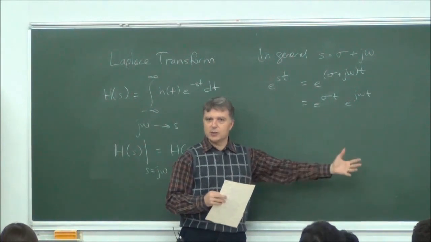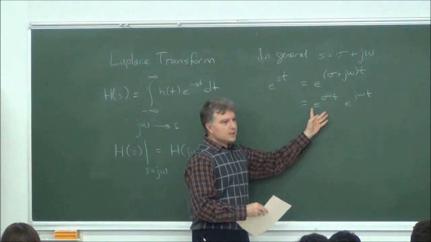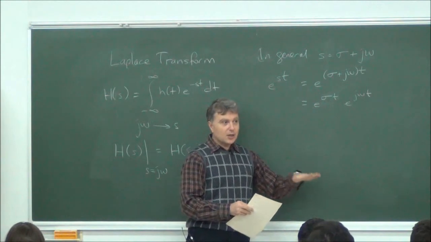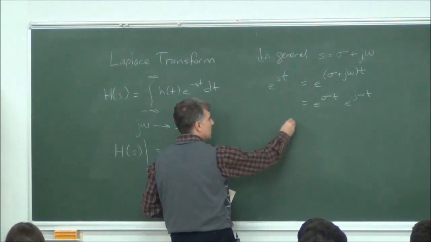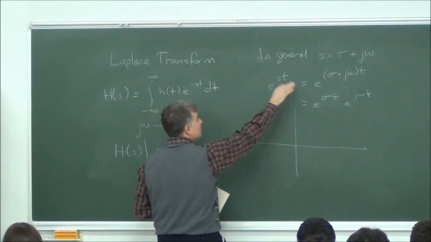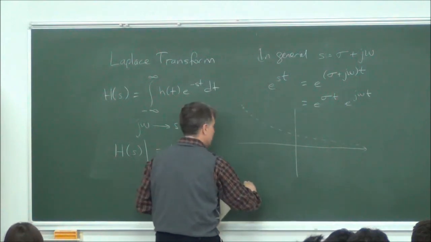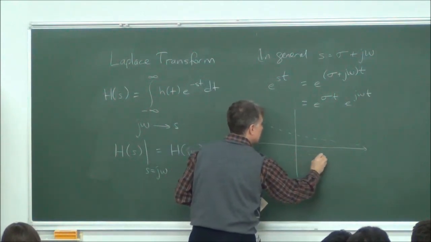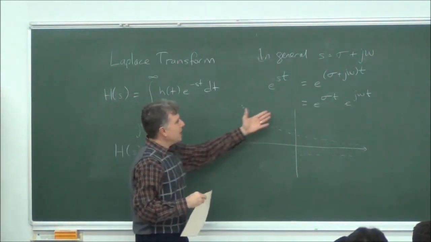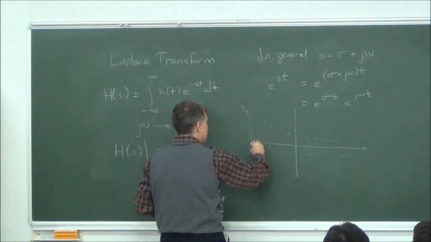It has a pure oscillation consisting of cosines and sines. But this one is a real exponential, and depending on the value of σ, it may be a decaying exponential or an increasing exponential. For example, in the case of the decaying exponential, this overall shape will be, except for the complex issues, something like this. It has an envelope. This envelope is the real exponential, and there is an oscillation.